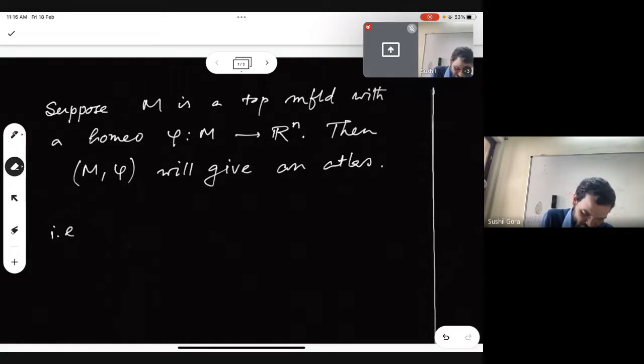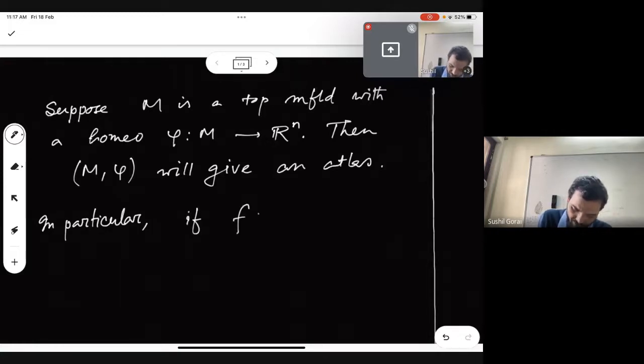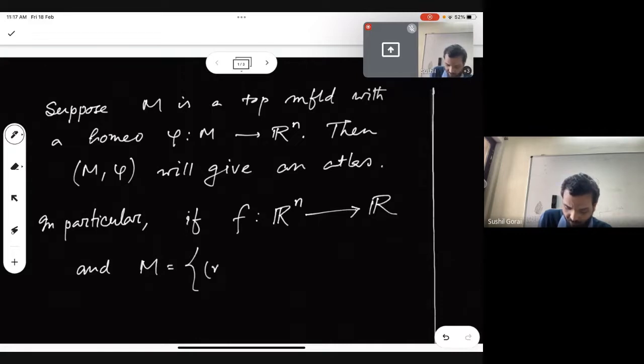So in particular, if f is a function from, let's say, Rn to R, which is continuous, and you look at the set M to be x comma f(x), where x is in Rn, the graph.